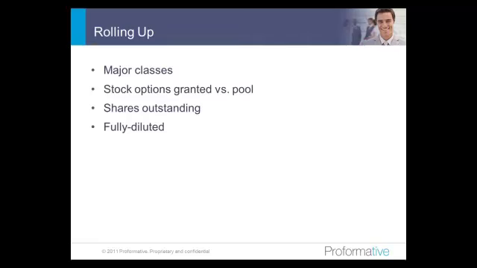We want to see things like how many stock options have been granted versus what's the size of the pool, how many shares are outstanding, in other words, actually in the hands of shareholders, and then fully diluted, which I mentioned earlier, which is this concept of if all shares were in fact converted, then how many shares could there possibly be out in the world? And then that gives you another way to look at share ownership. So all of these things need to be rolled up in your cap tables.